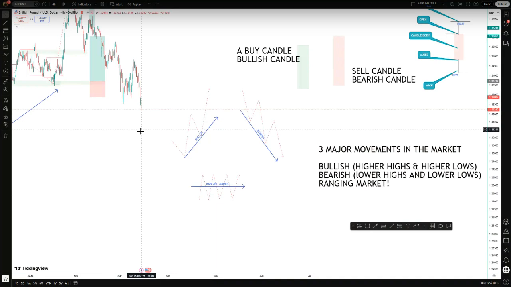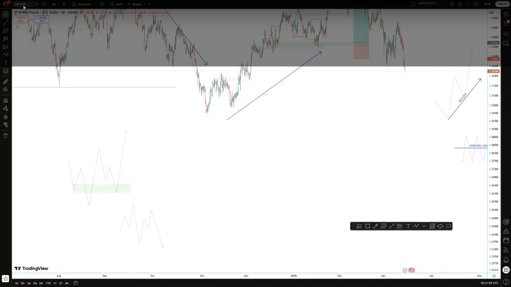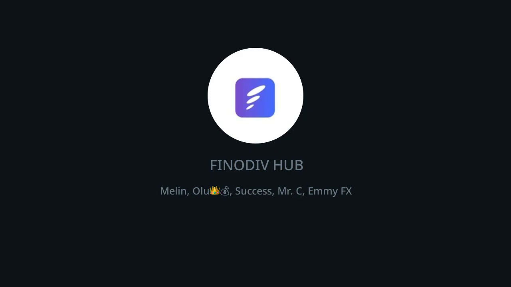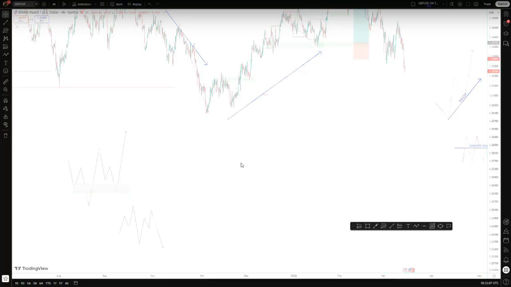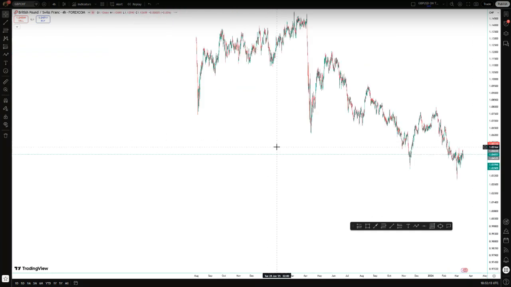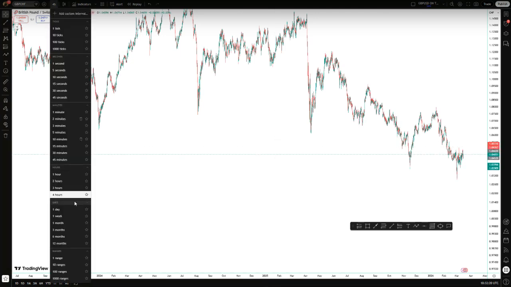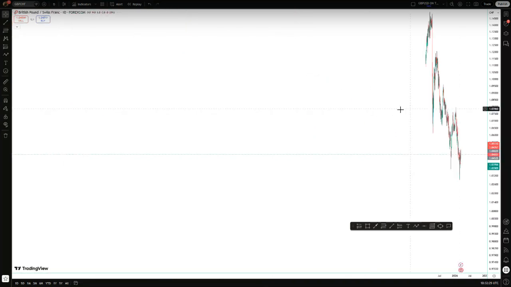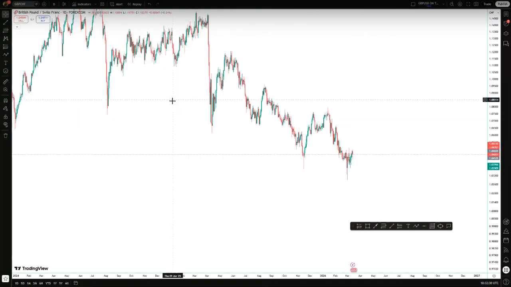Now let's check another, because this is GBP. Let's check the direction of the pound against the Swiss franc.